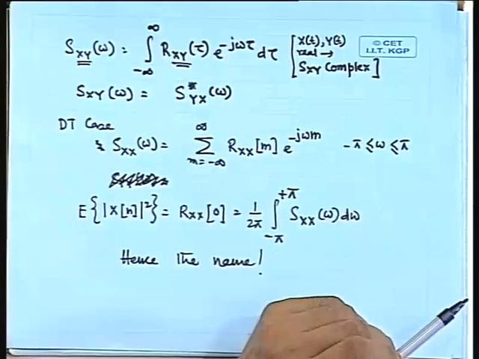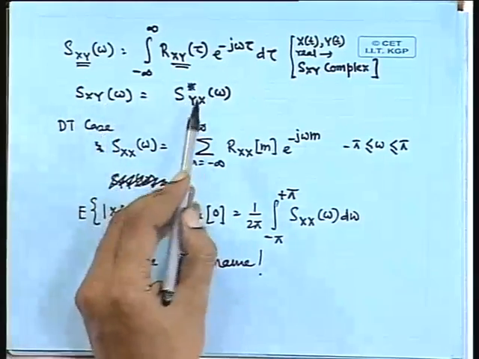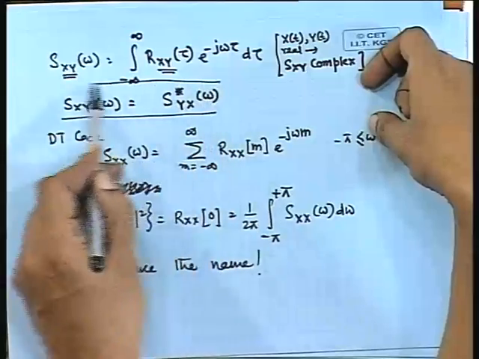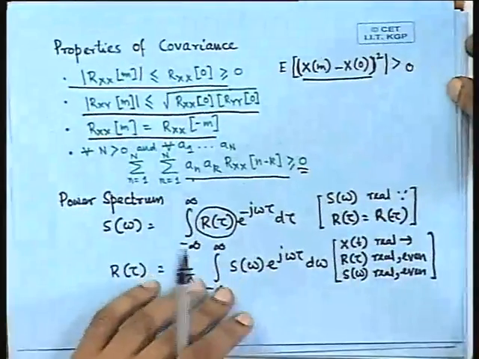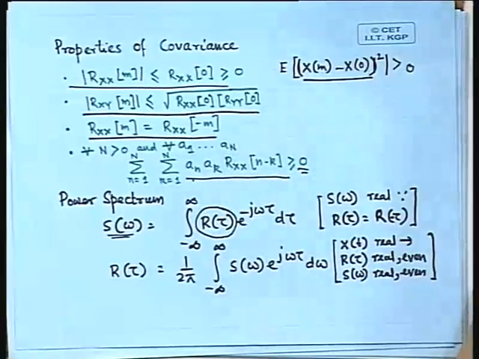Now it is reasonably easy to find out that Sxy omega is S star Yx omega. Incidentally, if this S omega is a function of omega, what sort of function? Real, complex? It will be a real function of omega.